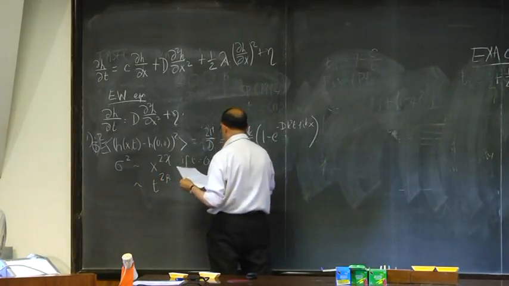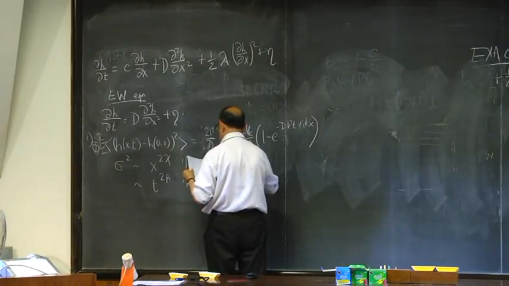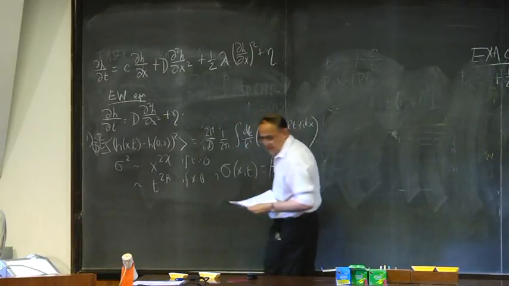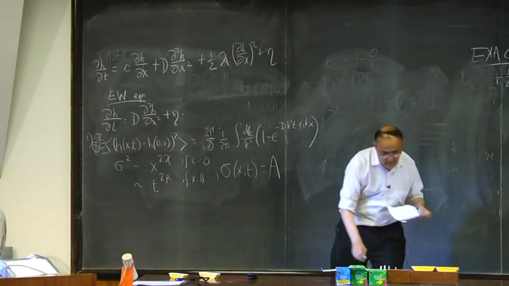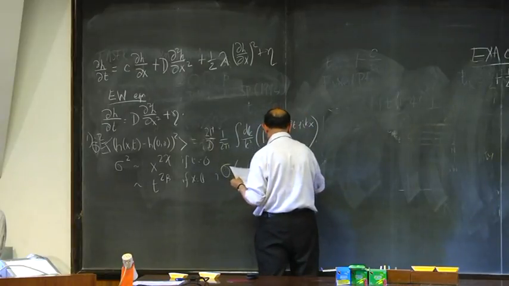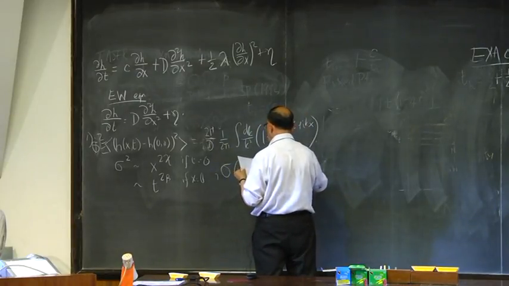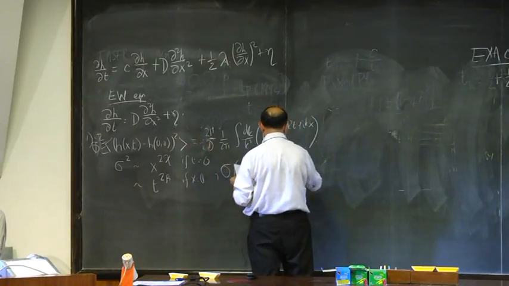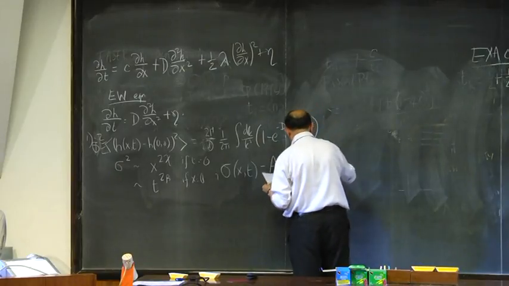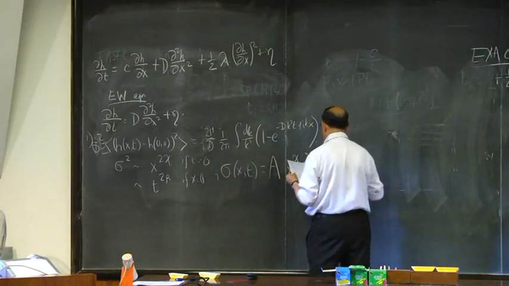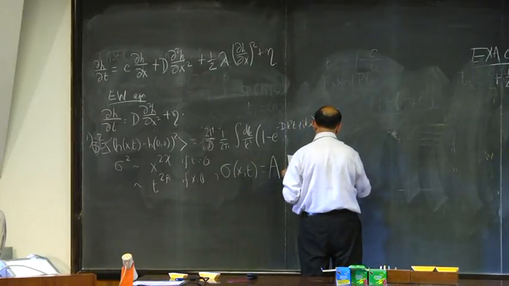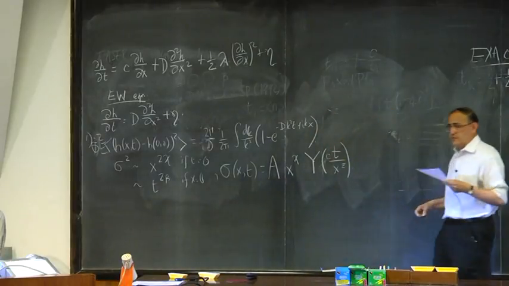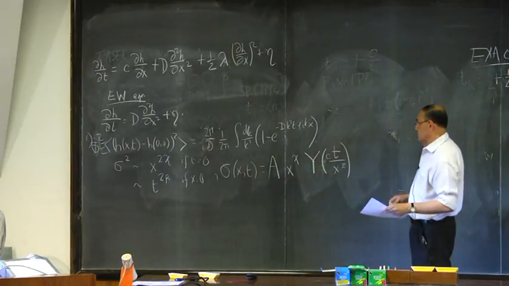And overall, there's a nice scaling description, scaling function of x and t, which says that this is equal to a non-universal constant capital A, followed by x to the chi, times a universal function of t over x to the z, and to make it universal you may have to put in a non-universal constant c here, and this was the answer, right?